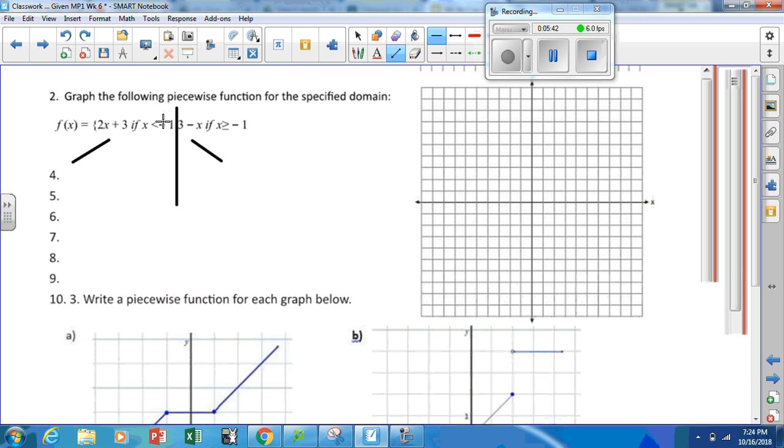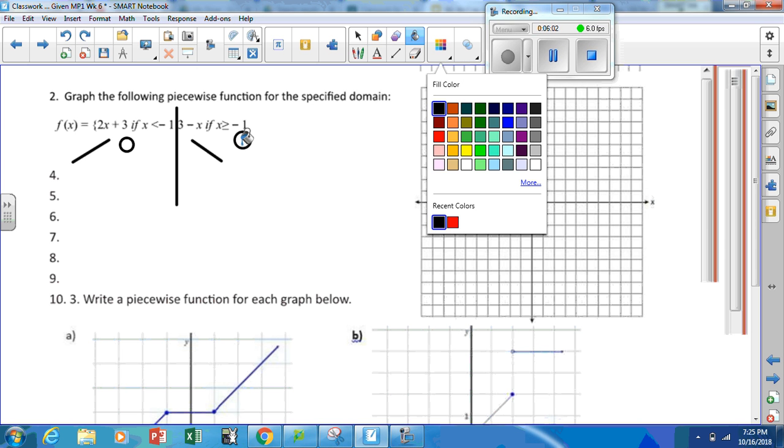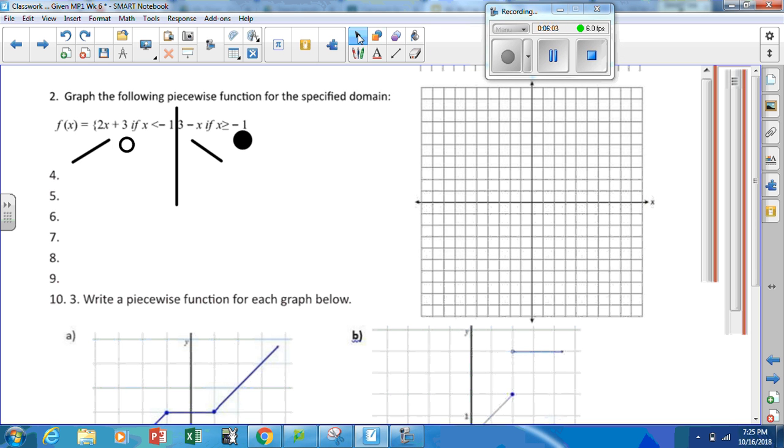All right, less than is an open circle, whereas greater than or equal to is going to be a closed circle. Okay, let's evaluate the graph.